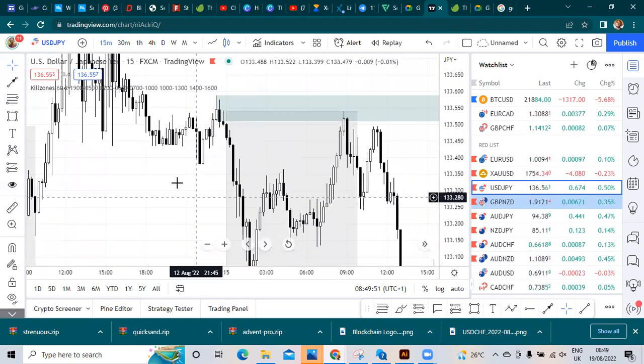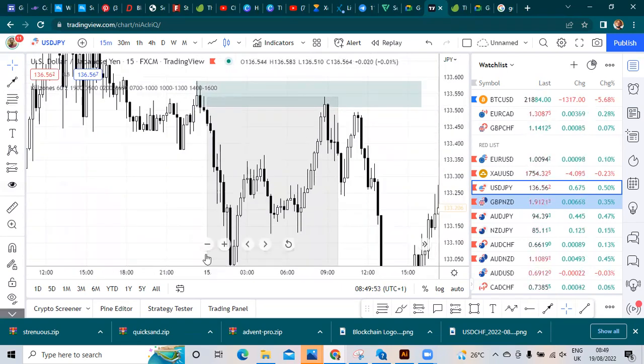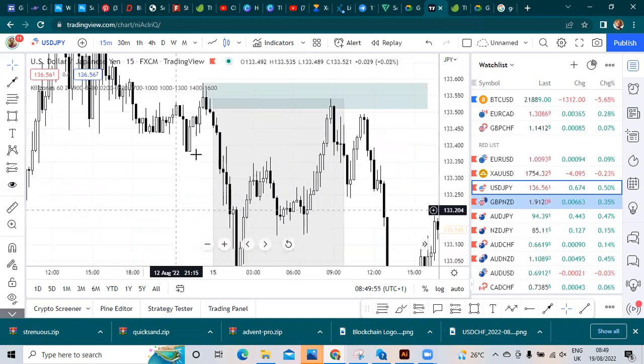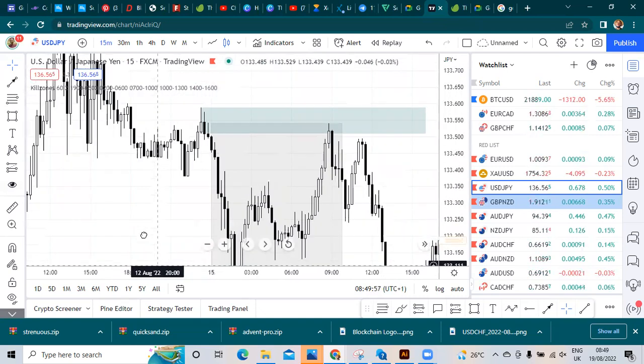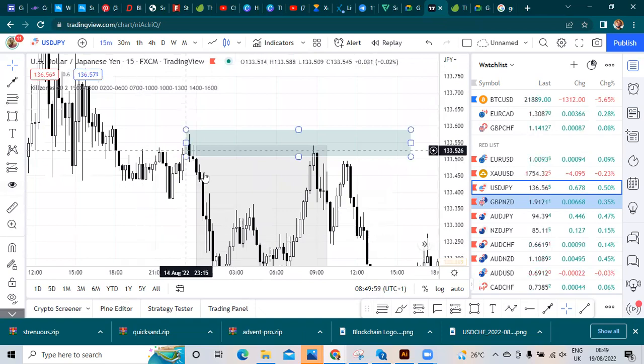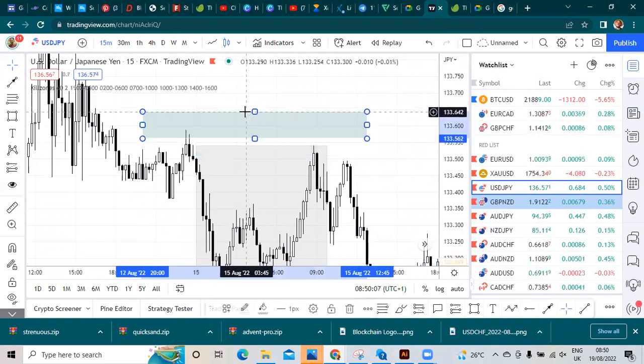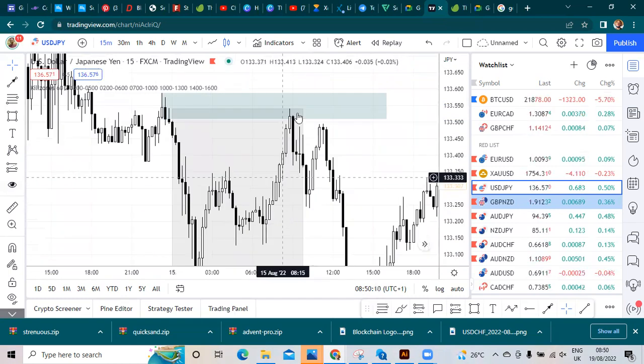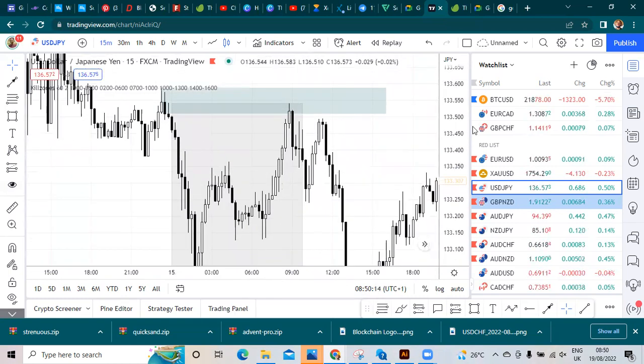Okay, so this is called a sell block because that was the last bull candle. You see, price dropped massively. So we are paying attention to the last candle before it, and we are drawing our order block to fit exactly the height, including the wicks. So you can see when price ran into it, price just fell back down with precision.